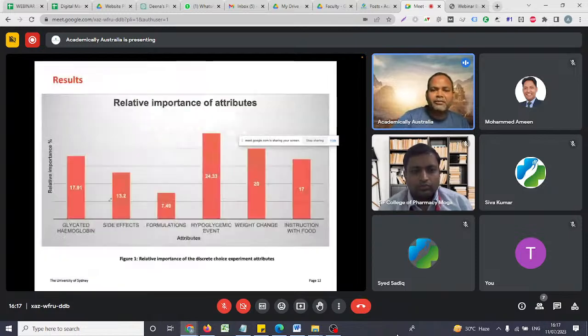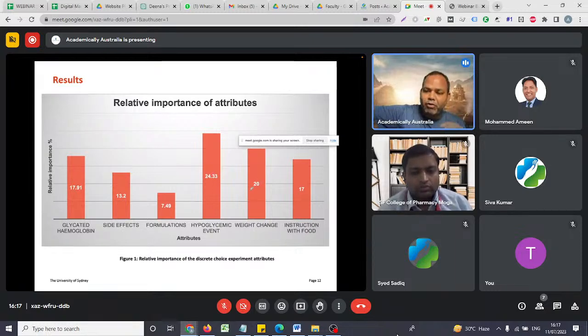In the relative importance of attributes, first is the hypoglycemic event. Most patients with diabetes very frequently get hypoglycemic events, and sometimes they need to take sugar, maybe chocolate, to improve their sugar level. So they gave the highest preference to this, and number two, they gave weight gain.